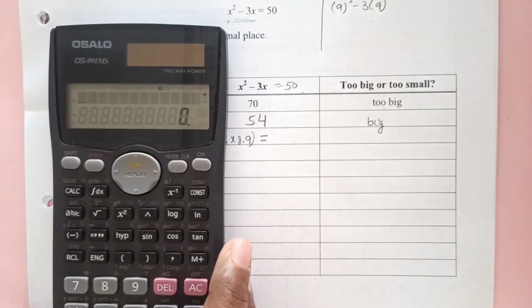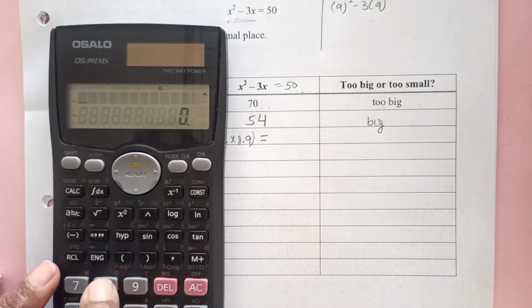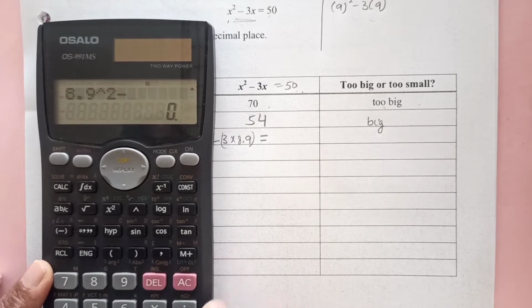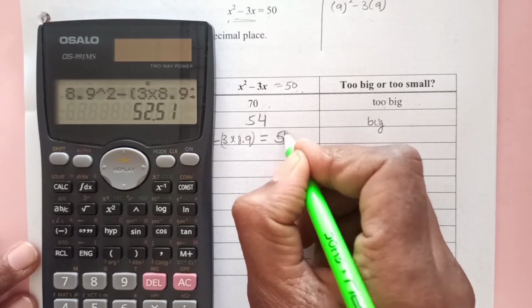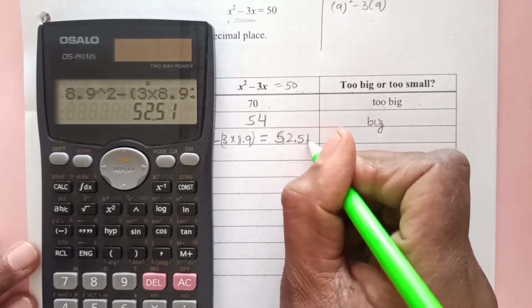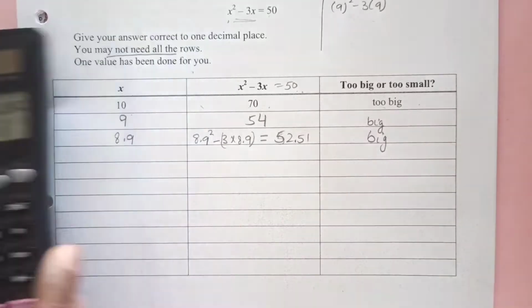So 8.9 squared minus, in brackets, 3 times 8.9, which is 52.51. Still big, not too big but still big.